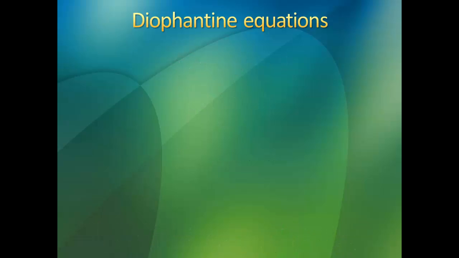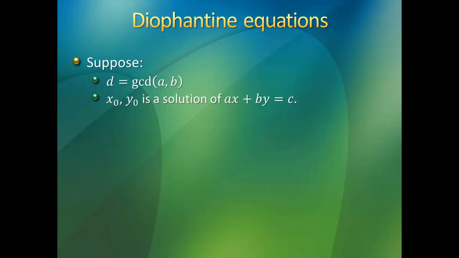By the way, the solution we found to our equation isn't unique. There are actually infinitely many others. Suppose we make d the greatest common divisor of a and b, and suppose we found a solution x0, y0 from using Euclid's algorithm.